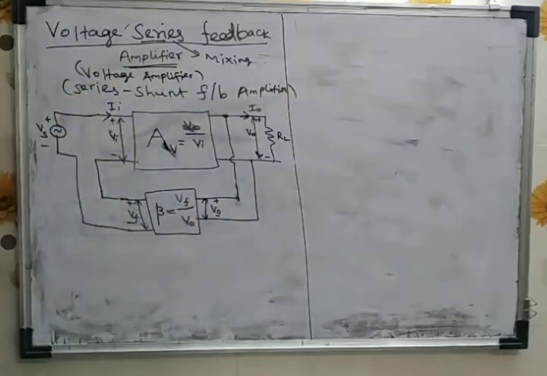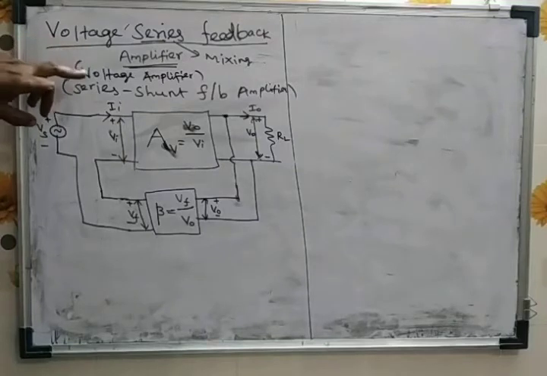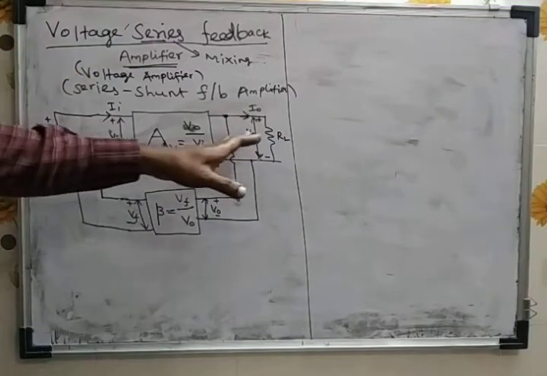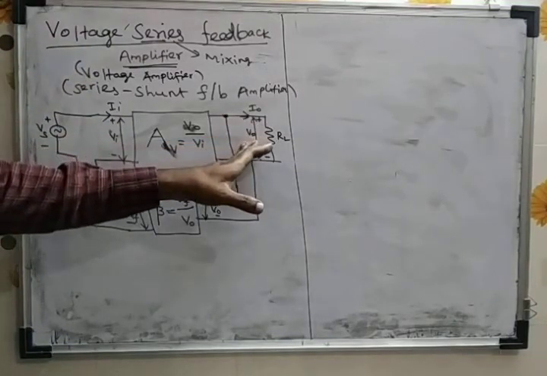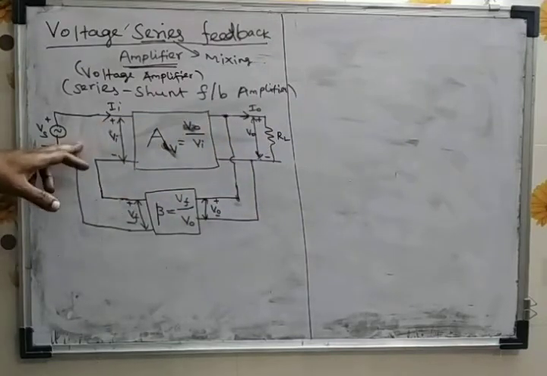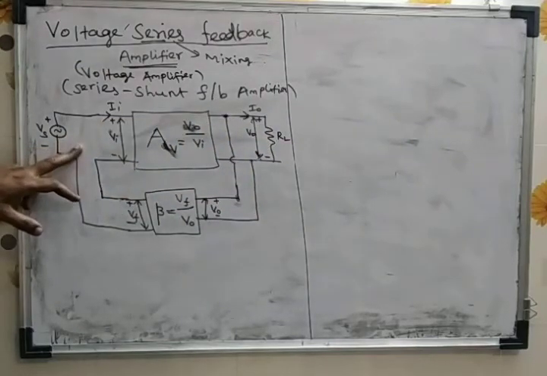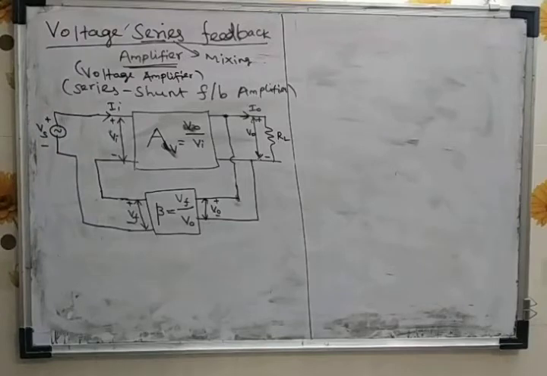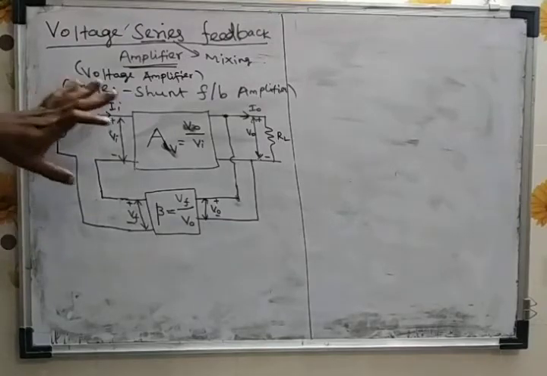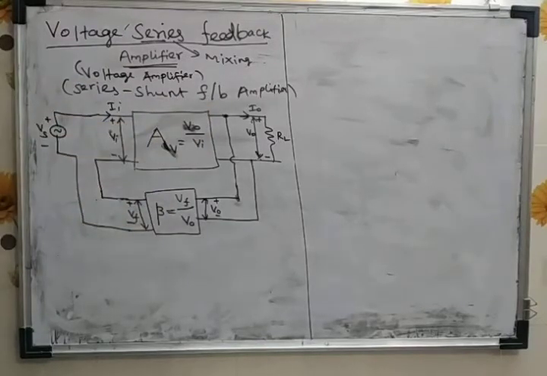So the voltage series feedback amplifier is also called a voltage amplifier, since the sampling network and mixer network use voltage. It is also called series shunt feedback amplifier.